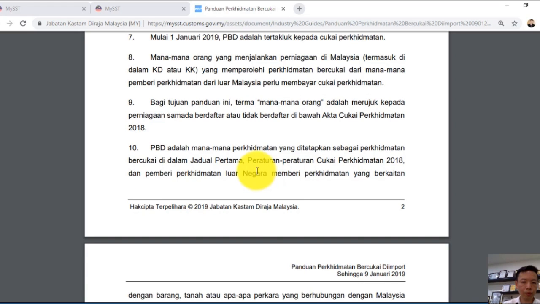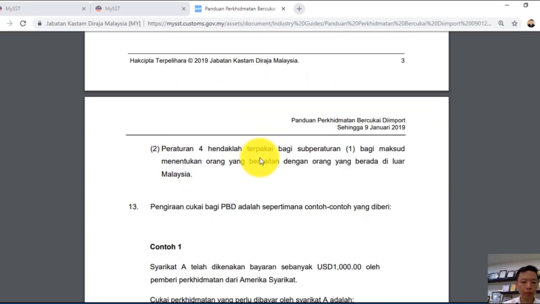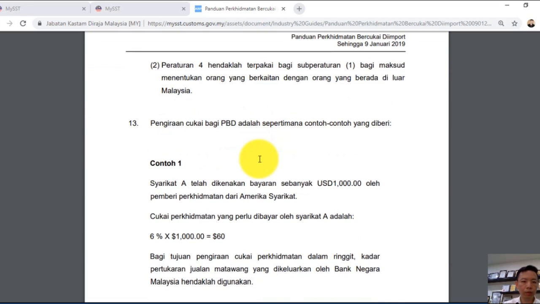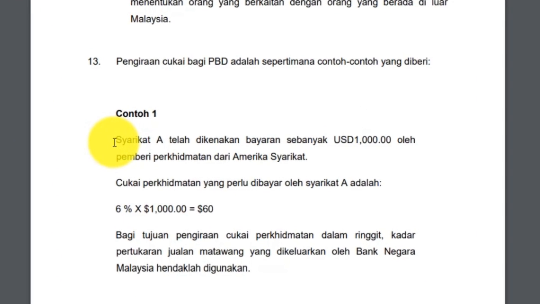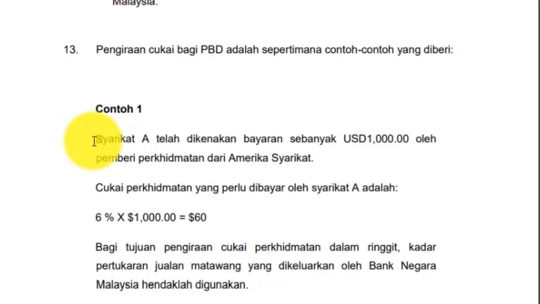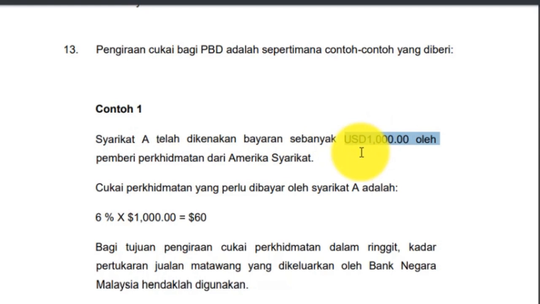We scroll down. I want you to look at this example, which is very easy to understand. In this example, Company A has been charged by a company from the US of US dollar 1,000.